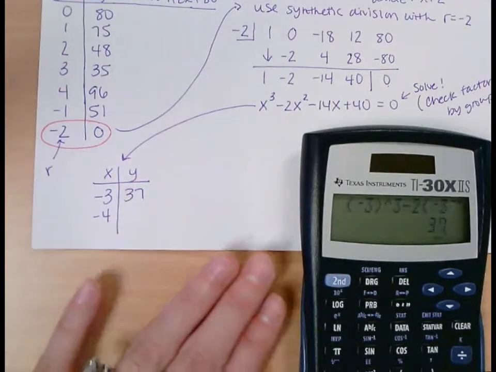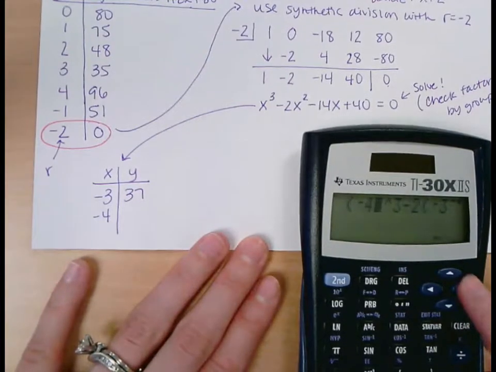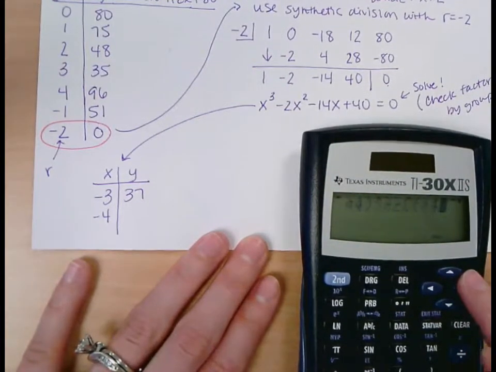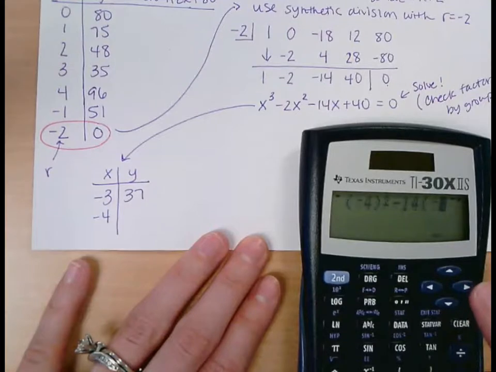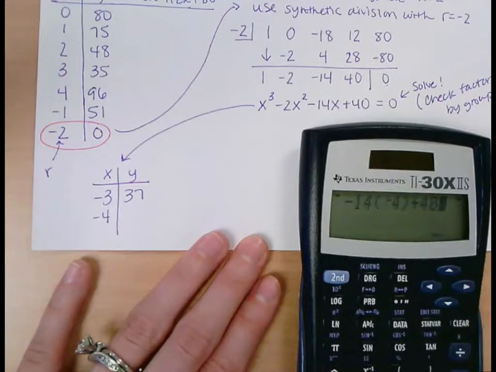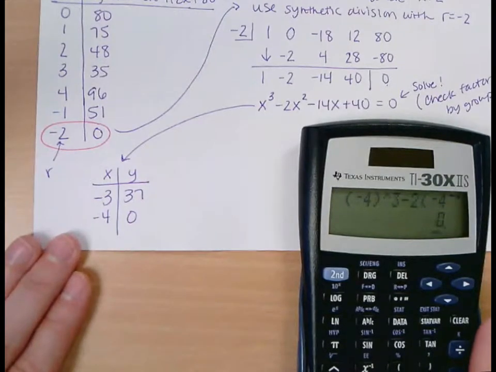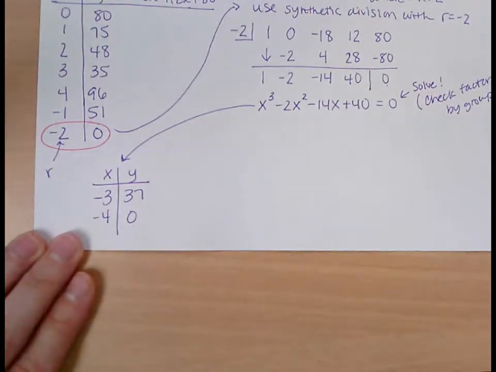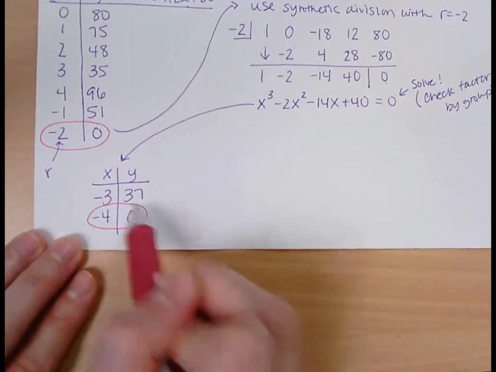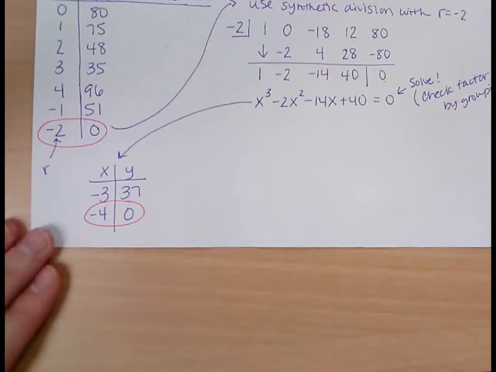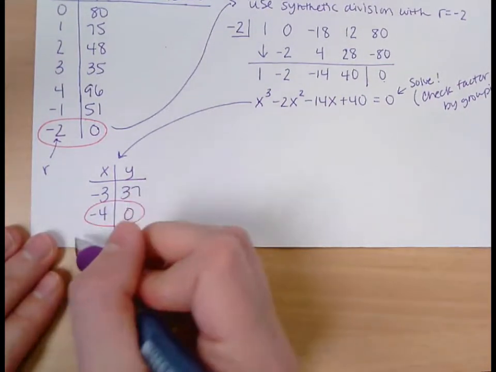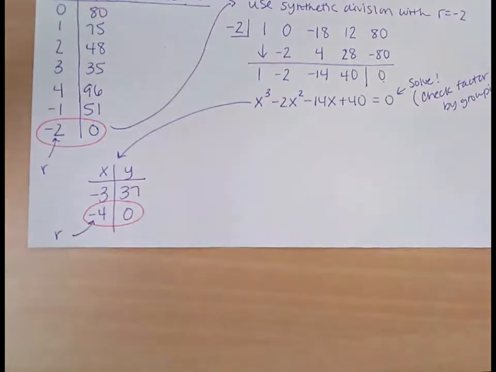Try -4. -4, the y value is 0. Okay, so I found my second negative real 0. It's -4. Again, -4, when I'm going to do the synthetic division again, that is the r value.